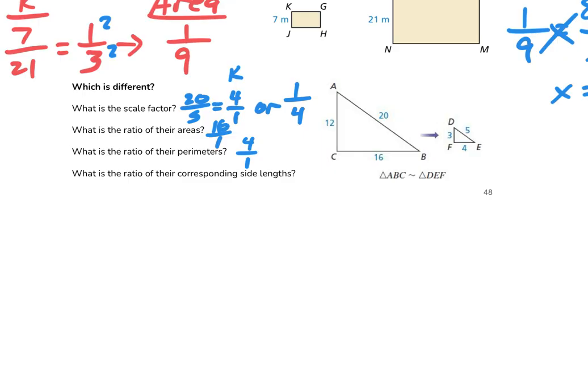The ratio of the corresponding side lengths. So as I compare side to side in any combination, they're all going to be 4 to 1. So when I talk about sides, scale factor, perimeter, they're all the same. When I talk about area, area is the one that's different. Area has to be squared. Area is the one that stands out.